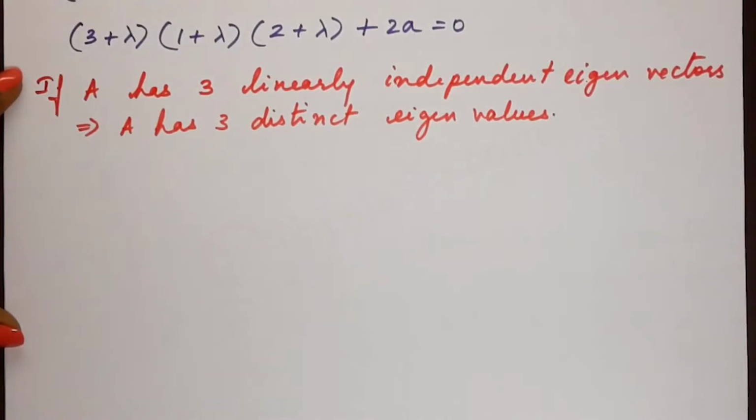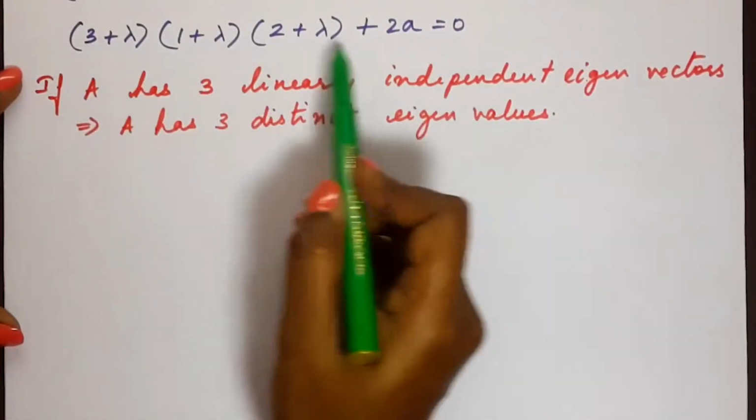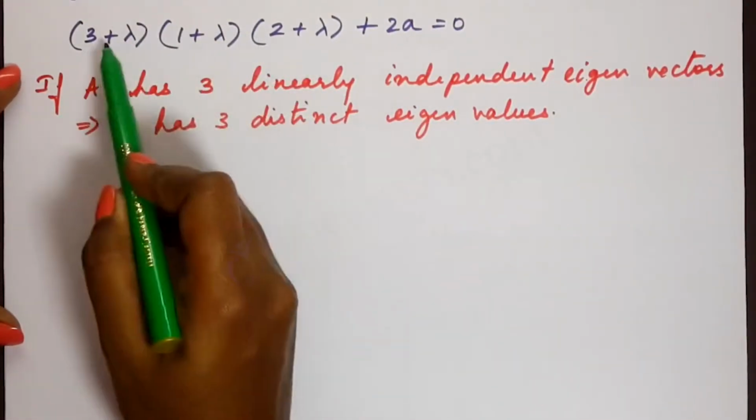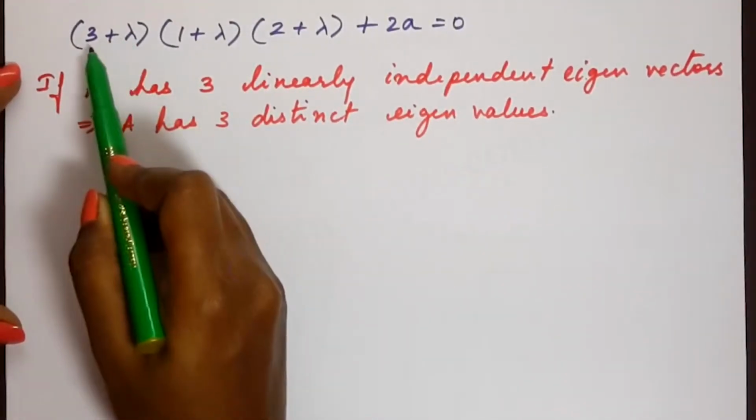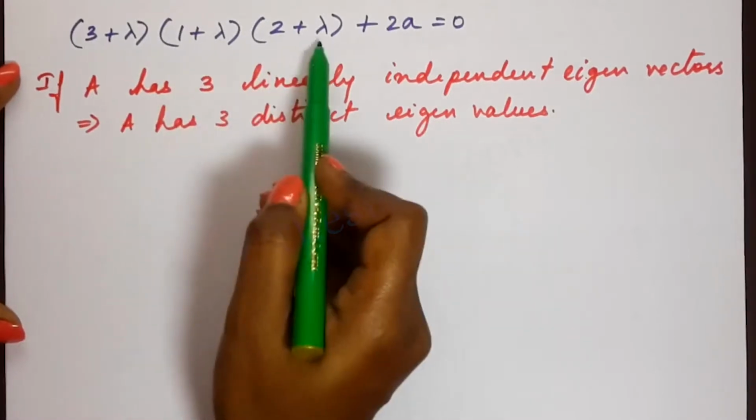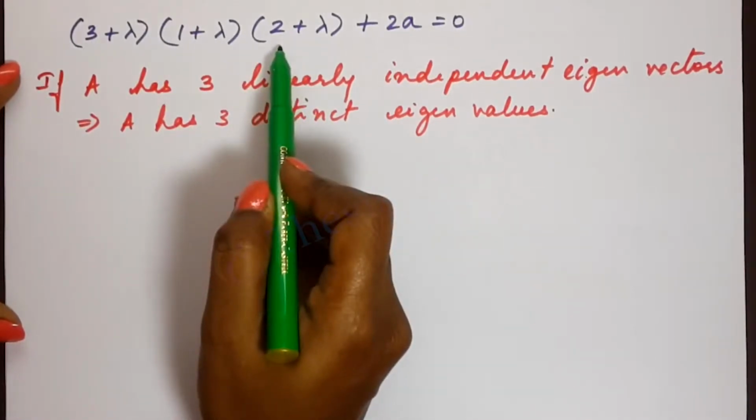You will observe that in this equation we have 3 factors and each factor corresponds to one value of lambda: lambda is equal to -3, lambda is equal to -1 and lambda is equal to -2.